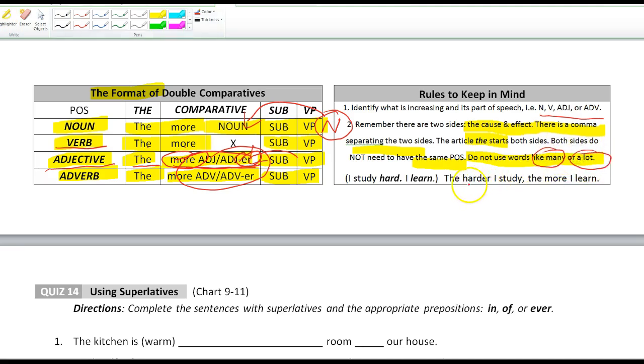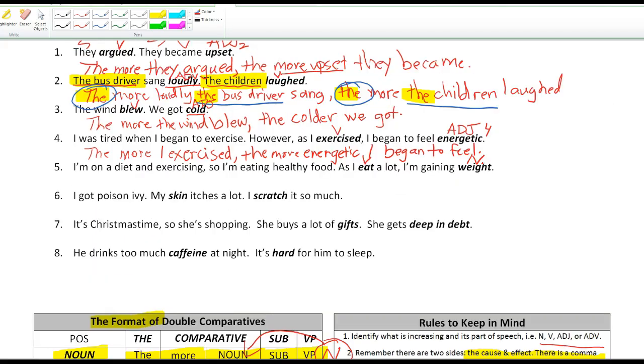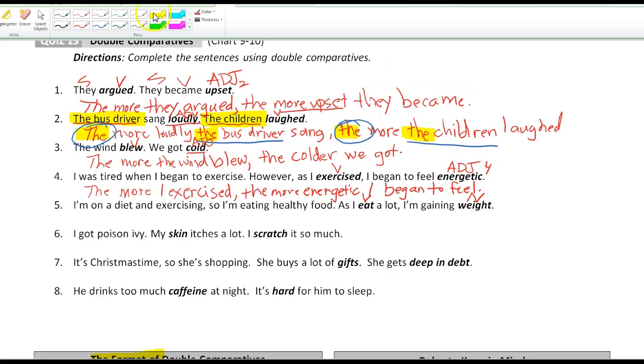Okay? Those words disappear. Why do they disappear? They disappear because we've got words like more here. And that's why they disappear. So this word a lot is going to disappear because of the more. Okay. So again, as I eat a lot. So eat is a verb.